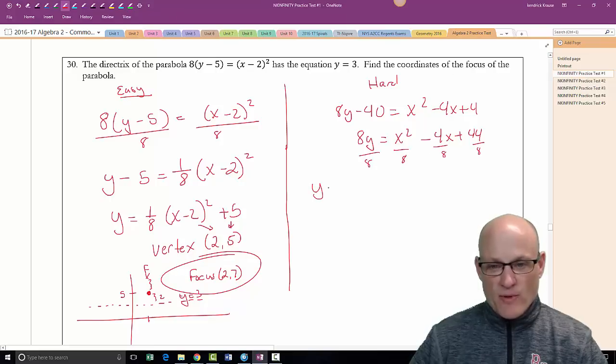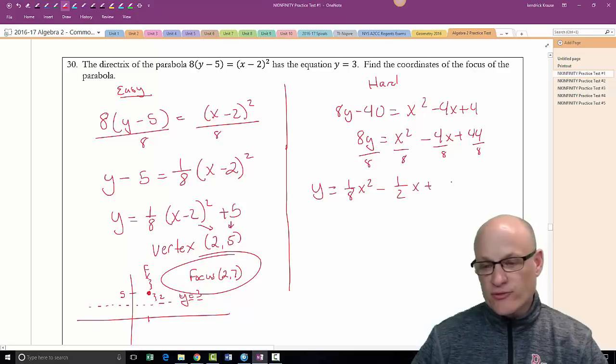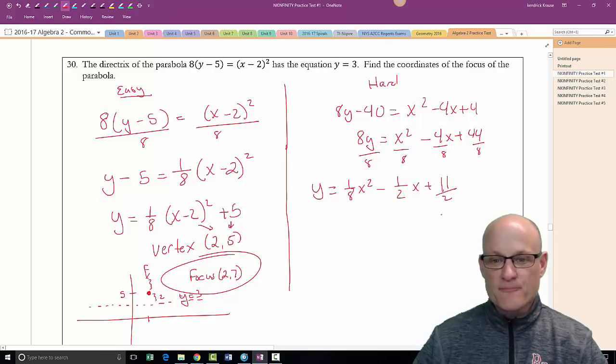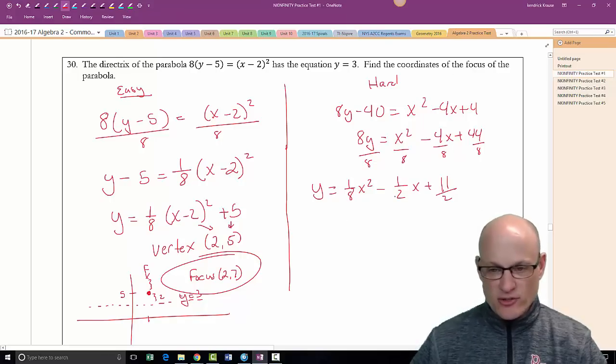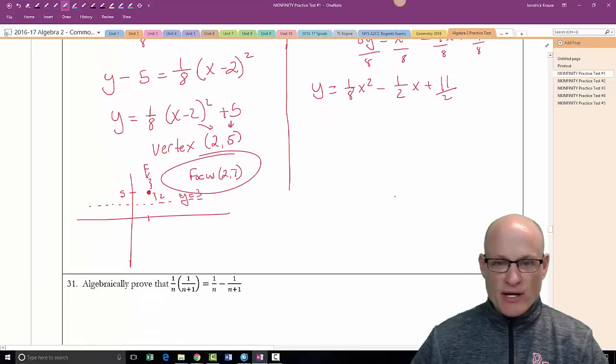So I end up with a parabola that's 1/8 x squared minus 1/2 x plus 11 over 2. Something like that. That's the simplest form. You could have just left it like that.